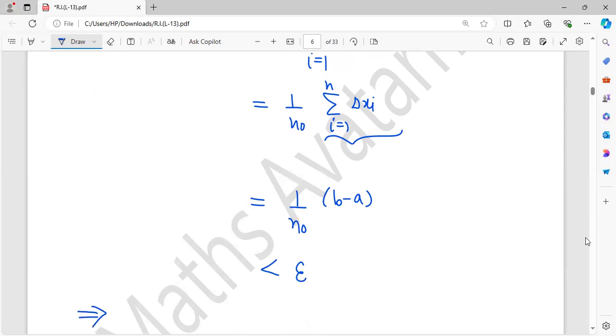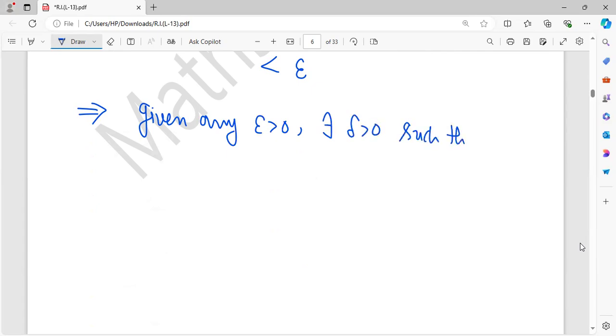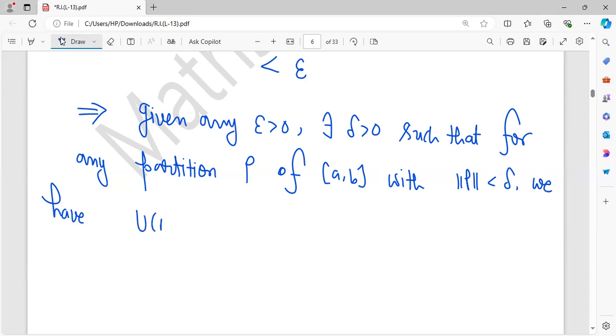So this implies, given any epsilon greater than 0, there exists delta greater than 0 such that for any partition P of the closed interval [a, b] with norm of P less than delta, we have UPF minus LPF less than epsilon.